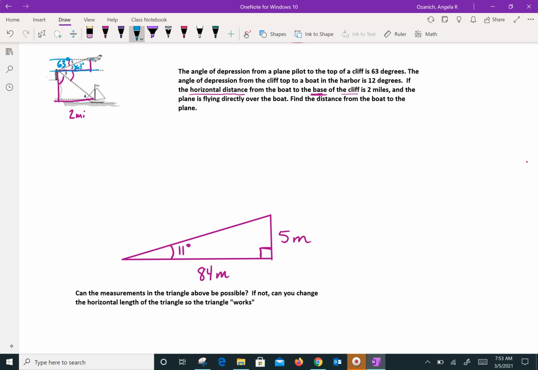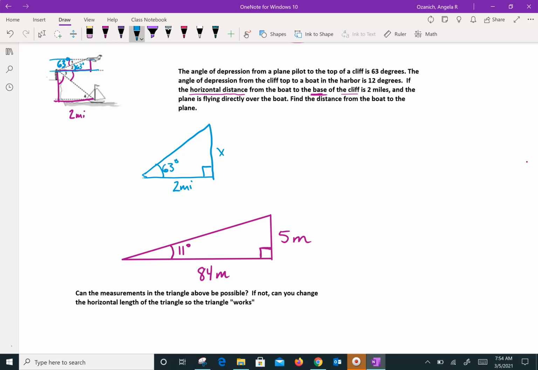So if you redraw this, I'm going to redraw it just here for you to get you started. You can use your 63-degree angle here and your 2 miles to solve for x in that first right triangle.